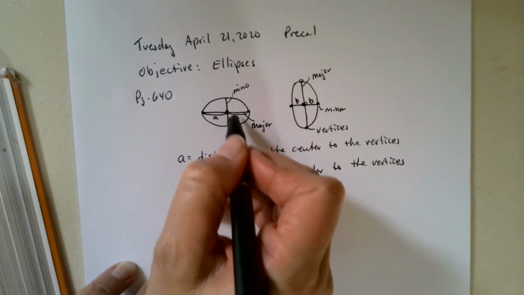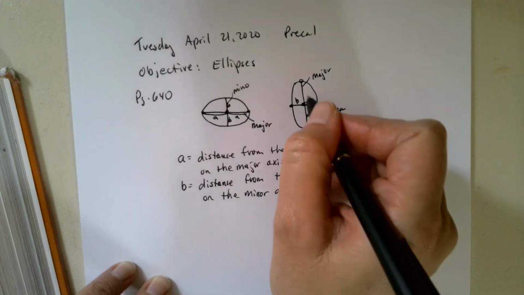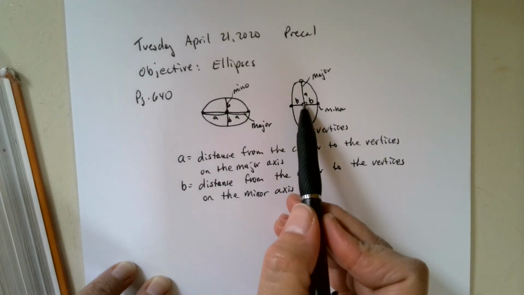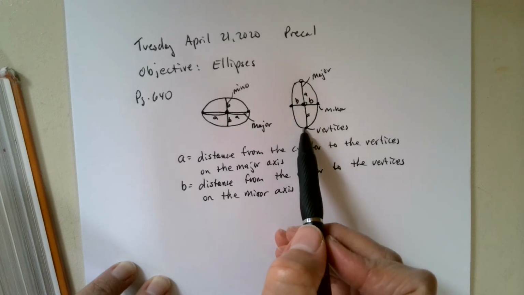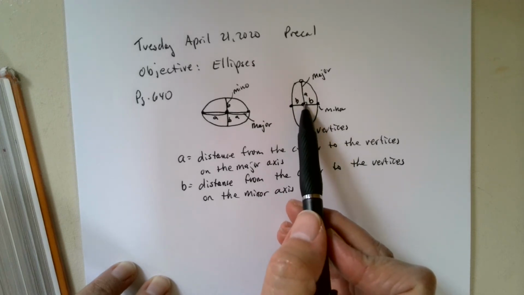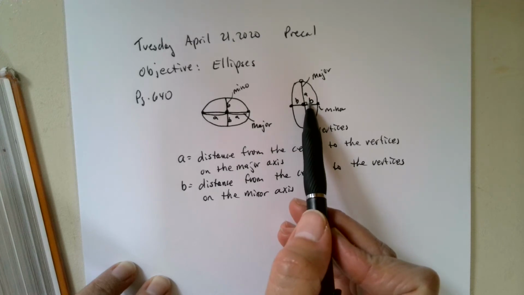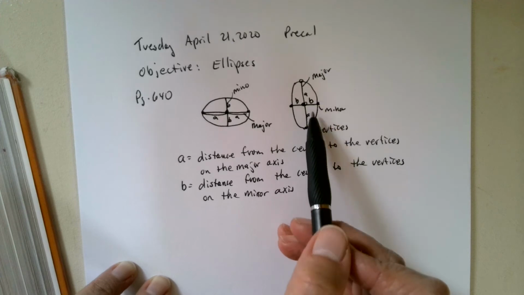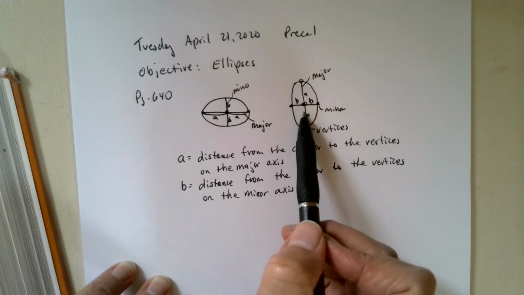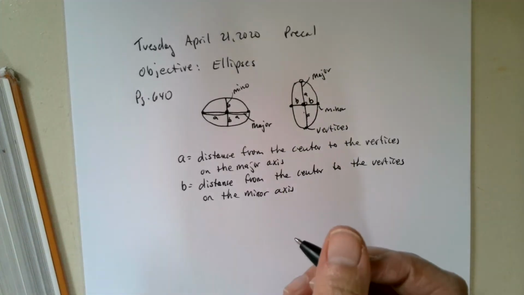So this is b, a, and a. So a is the distance from the center to the edge on the major, or in the longer direction. The minor is this, b is the distance from the center to the edge on the minor. And the major could be vertical or it could be horizontal.